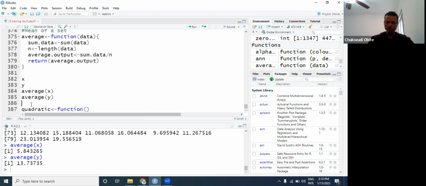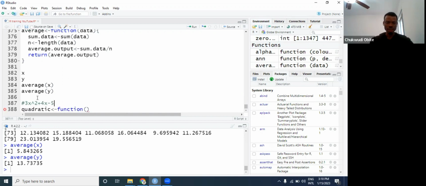So let me write an example of a quadratic equation. So this is an example of a quadratic equation: 3x raised to the power 2 plus 4x minus 5.